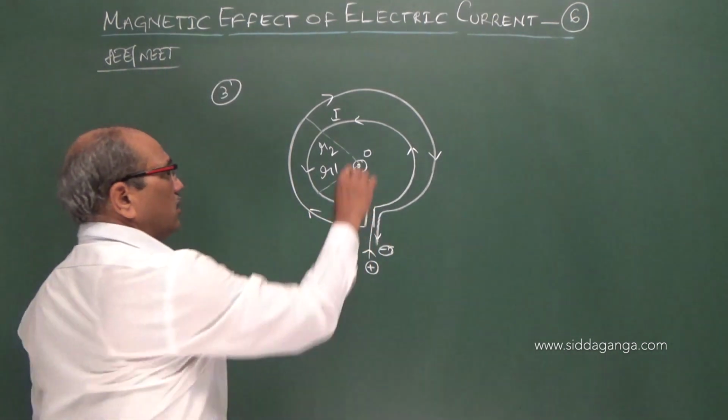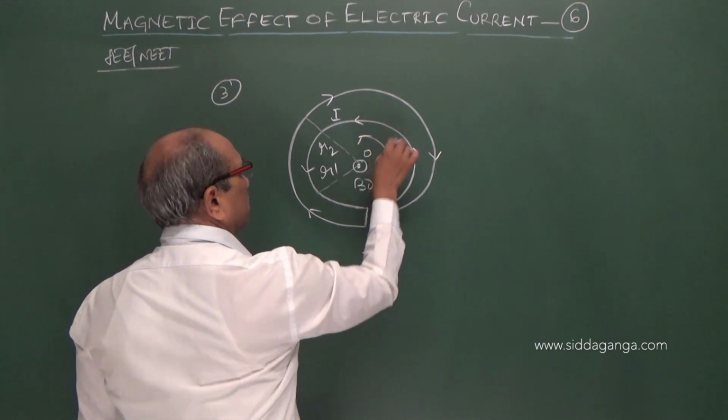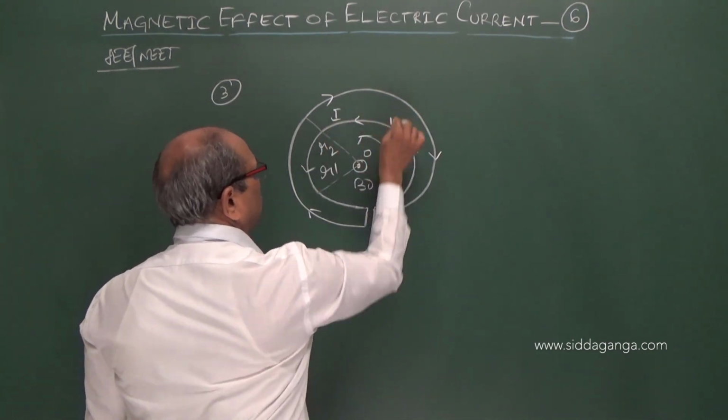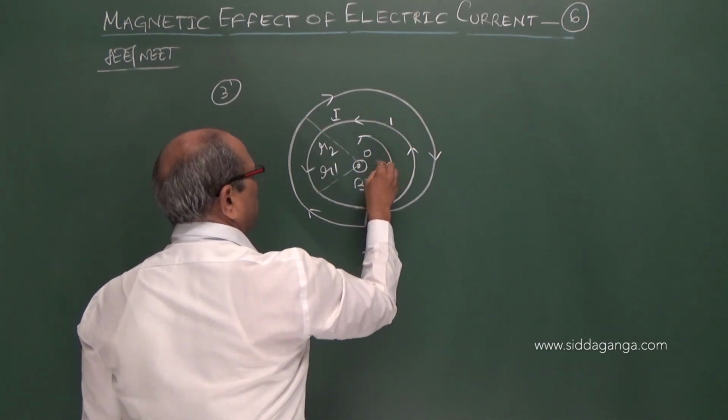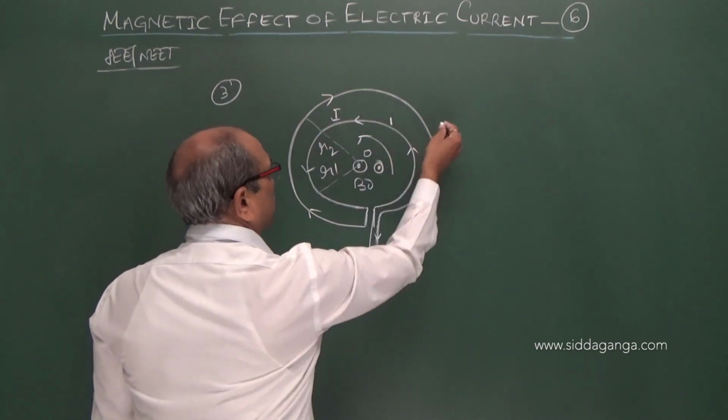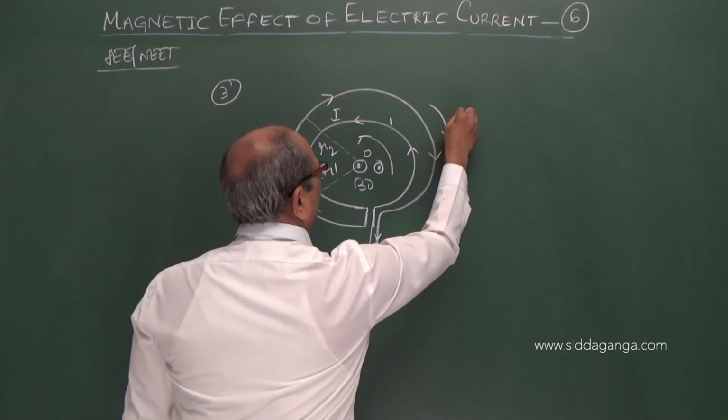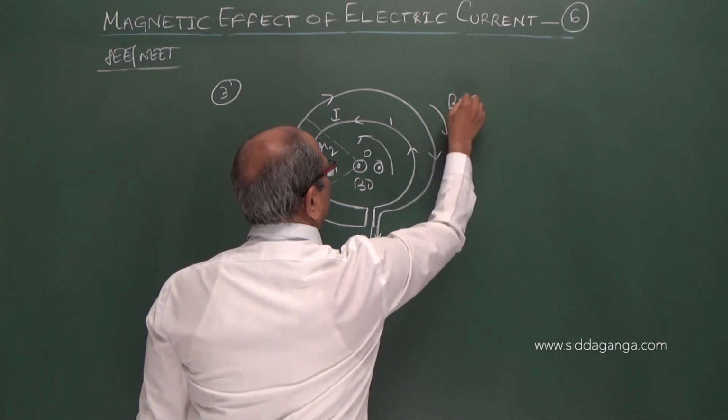Now you are seeing here it is anti-clockwise. If I take the first one, it is out of the board. Whereas the outer one carries the current clockwise, therefore the field B2 is into the board.